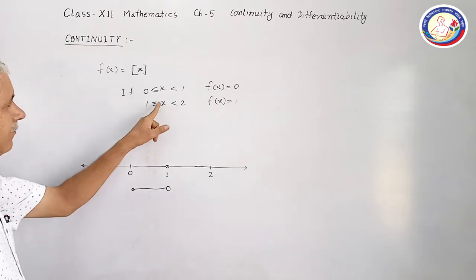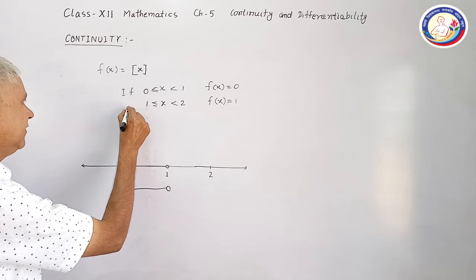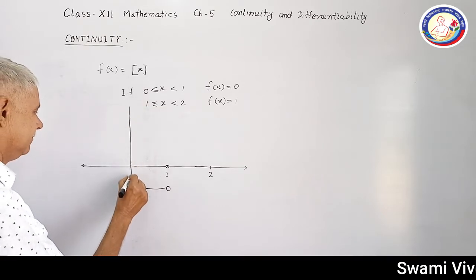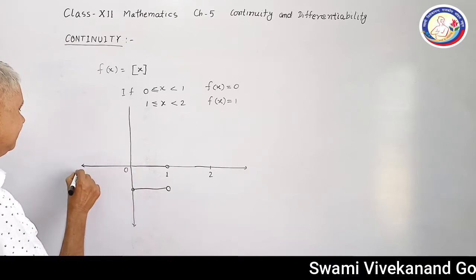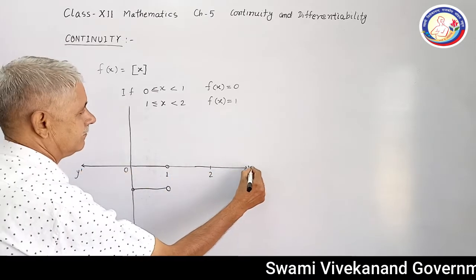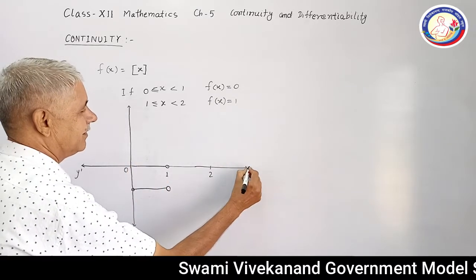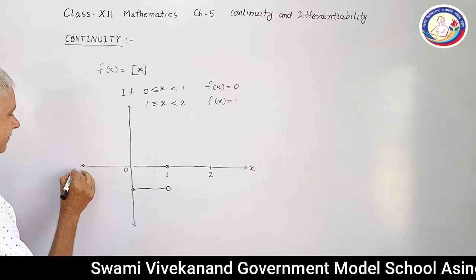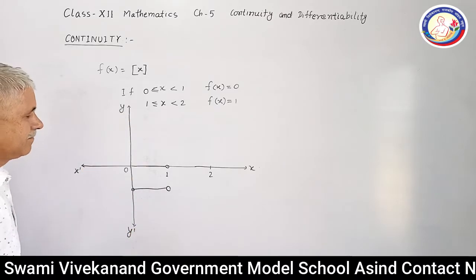Now, if the value equals 1, then, so this is our y-axis, sorry, this is x axis, this is x dash, y and y dash.